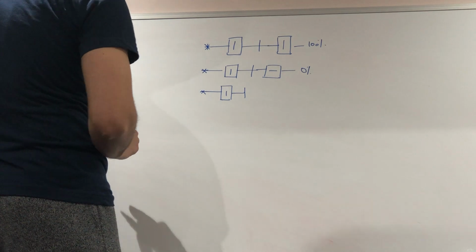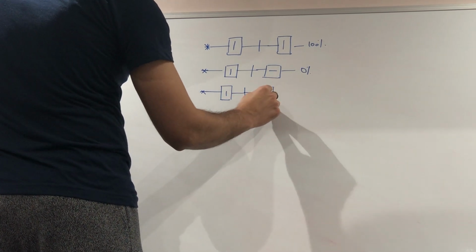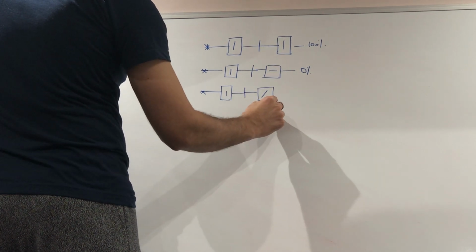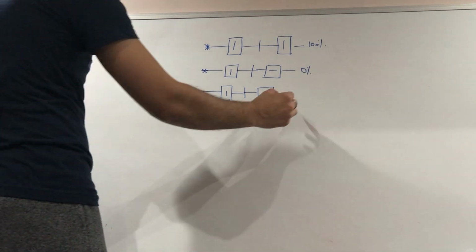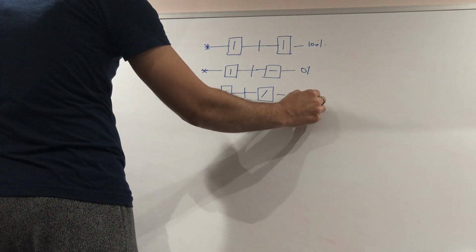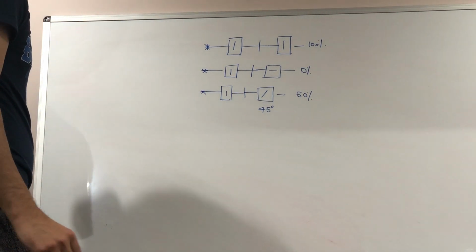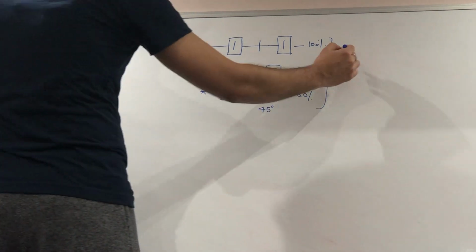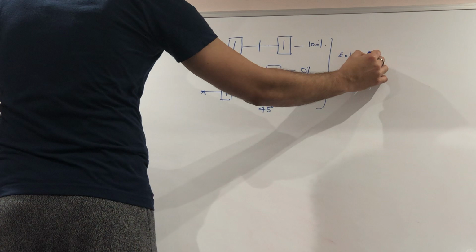I'm getting the output in the Y direction and passing it through a polarizer placed at an angle of 45 degrees. I will get 50% output, right? These three things I have mentioned here are experimentally verified.